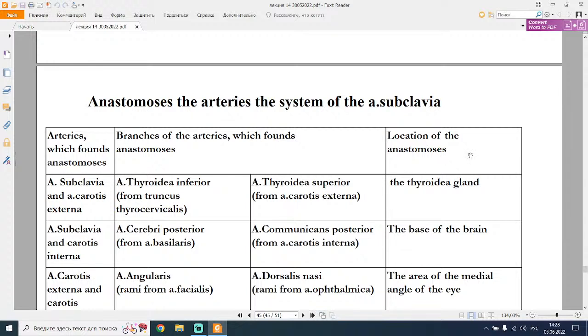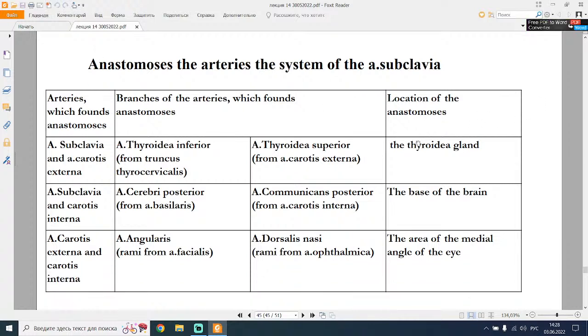For the next lesson of the anatomy, note that you must know the anastomoses of the arterial system, the system of subclavia and other arteries.